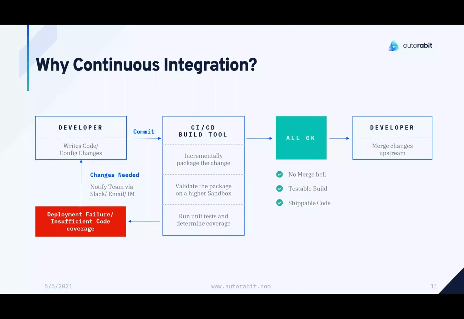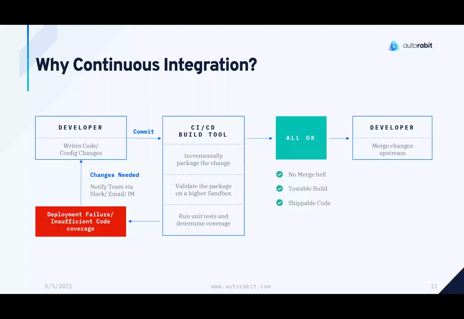And there will be a team of operations folks who are managing that as well. So it requires a lot of manual work, and continuous integration tools like AutoRABIT, or continuous deployment tools like AutoRABIT, will help you in this approach.